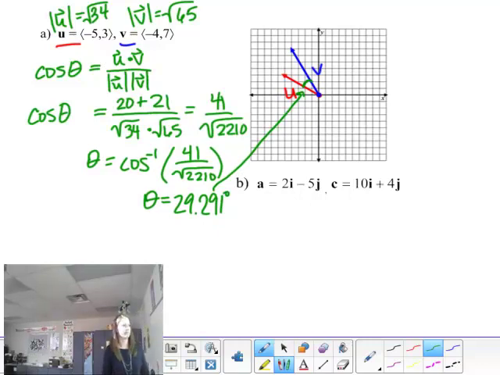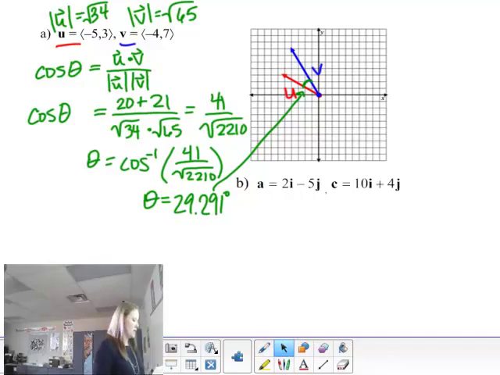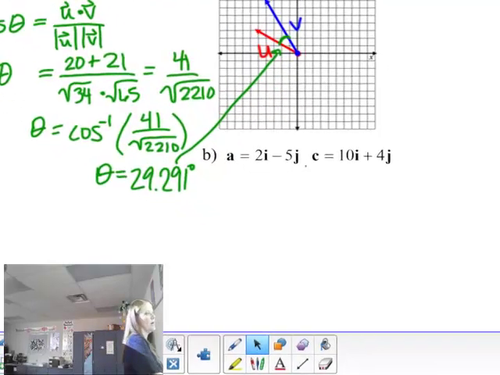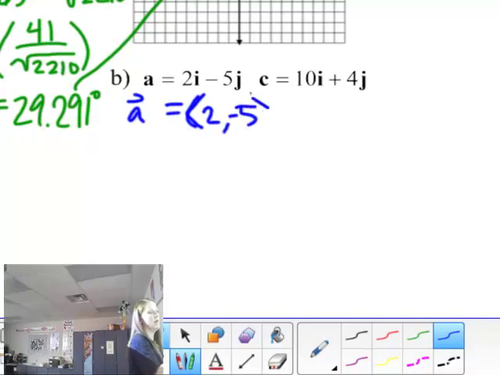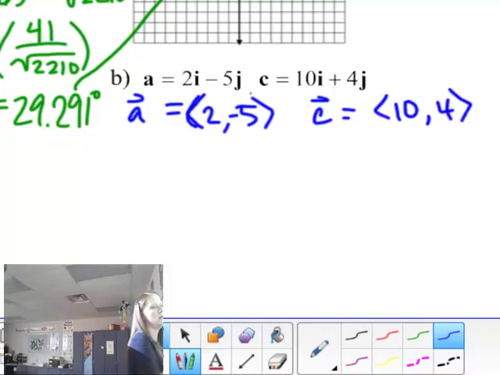Sure. Sure thing. Now if we wanted to try that again for letter B, we've got two vectors. This time they're written as unit vectors, but remember this just means that vector A would be 2, negative 5, and vector C would be 10 and 4, like so.